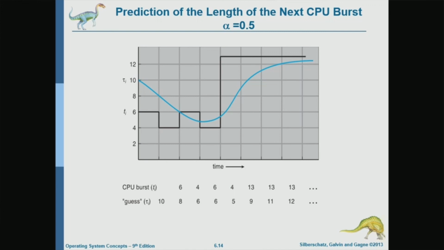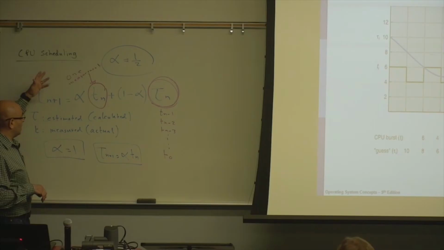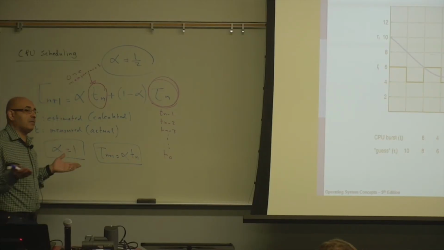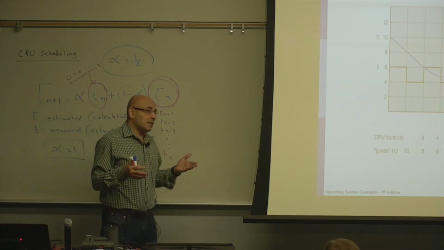Are we not concerned with how alpha actually gets determined? Sorry, say the question again. So alpha is used to weight the time measured versus the previous averages, but how do we actually get an alpha? Do we not care about that? It's a setting that you choose, and if you are trying to optimize the performance of a system, it's something that you should experiment with.